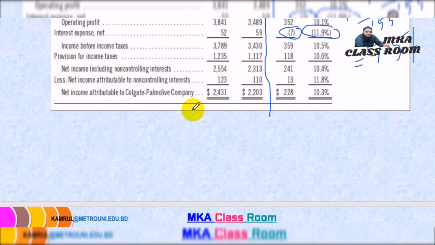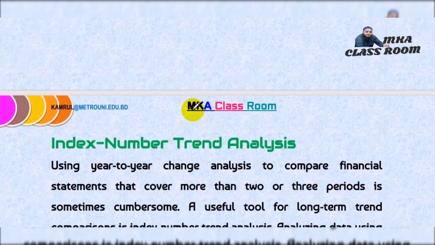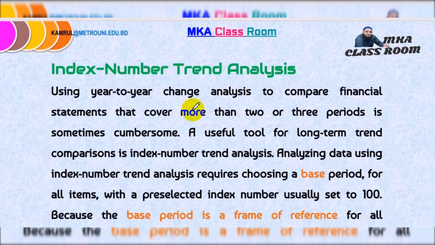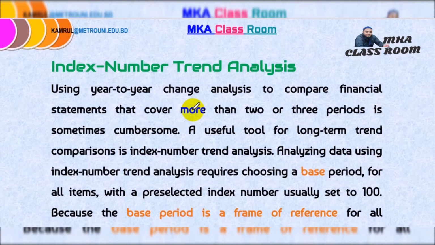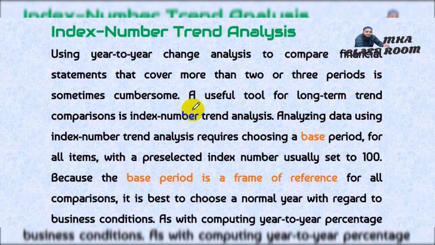After that we will see index number trend analysis. Using year-to-year change analysis to compare financial statements that cover more than 2 or 3 periods is sometimes cumbersome. A useful tool for long-term trend comparison is index number trend analysis.